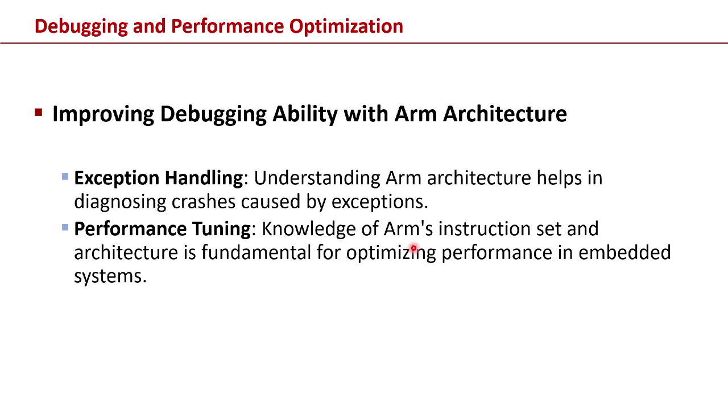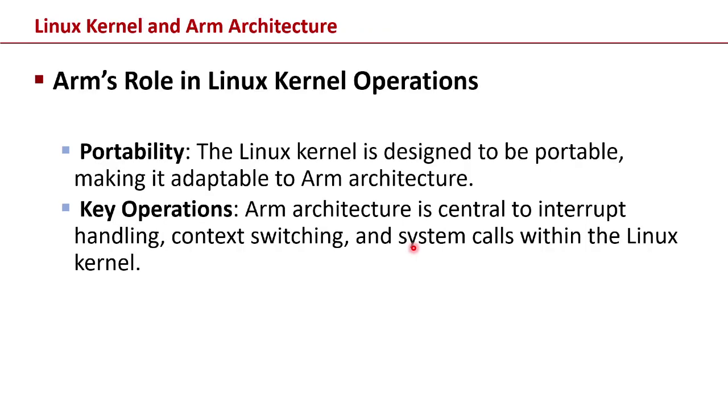Second, if you'd like to improve your troubleshooting ability, such as for crash issues and performance issues, understanding of ARM architecture will upgrade your troubleshooting ability. Third, if you'd like to understand the fundamental features in the Linux kernel or a real-time operating system, understanding of ARM architecture will give you insight and be the foundation to understand each specific feature in the Linux kernel and real-time operating system.